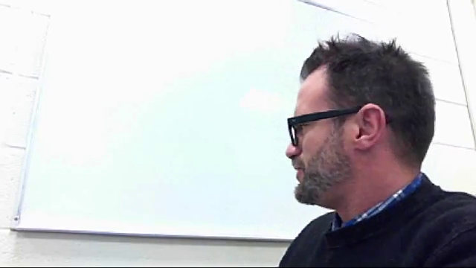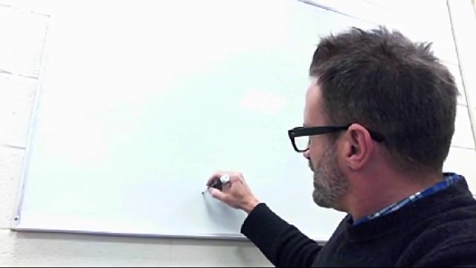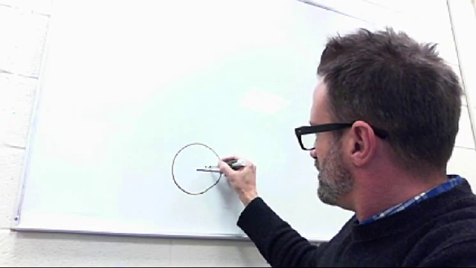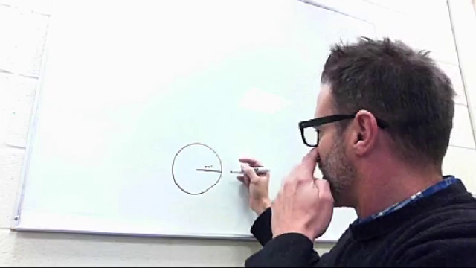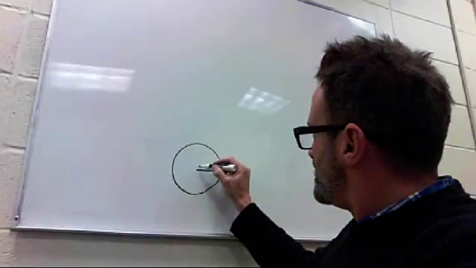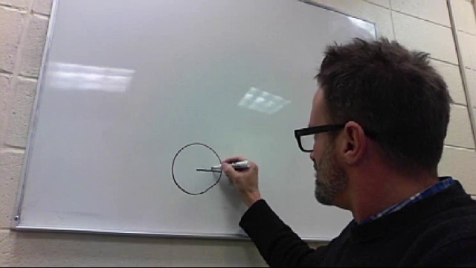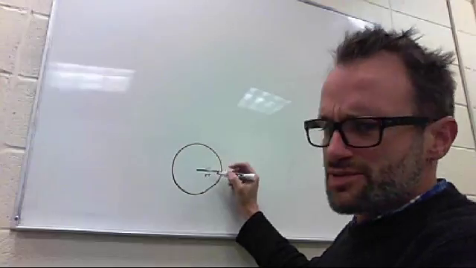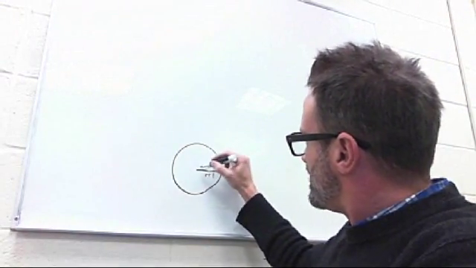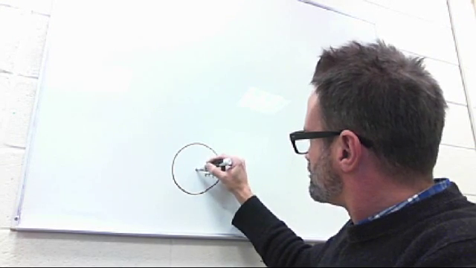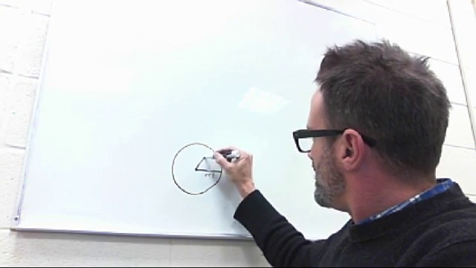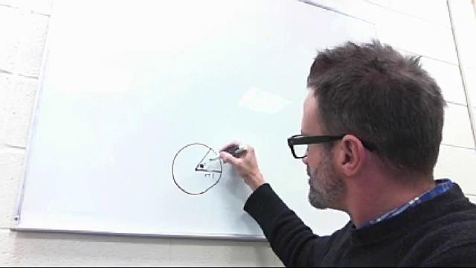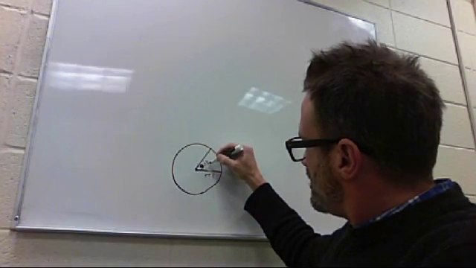So if I were to ask you, given a circle that has radius equal to 1, let me draw this here, say the radius is equal to 1, and I tell you that we have some angle, we'll call this angle theta, and I say that that angle measure is equal to 1 radian.